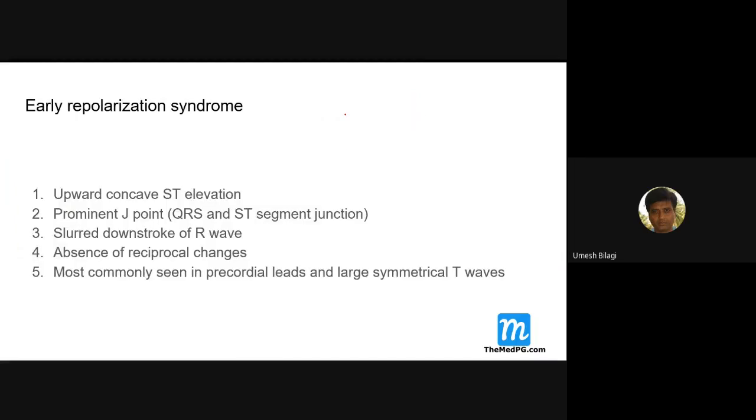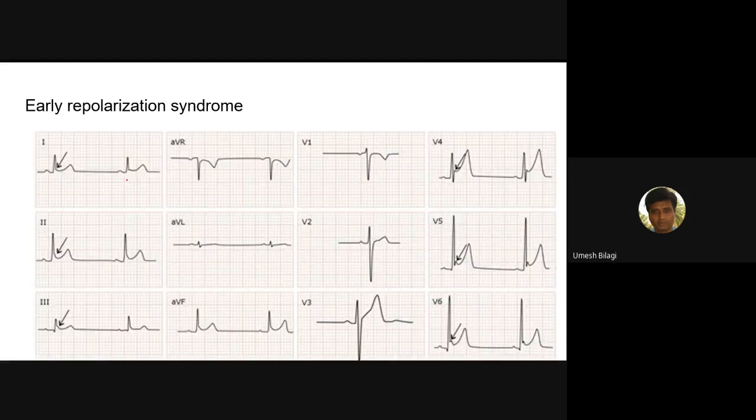Something about early repolarization syndrome. See, the confusion can happen. There are some questions, so I'll just touch upon it. Early repolarization syndrome means there is an ST elevation here, whereas the type of ST elevation is concave, like this.